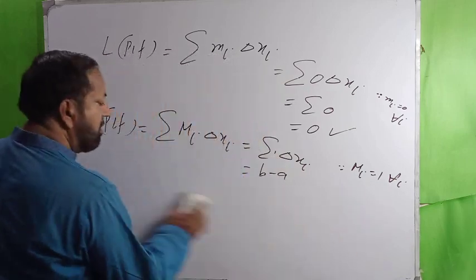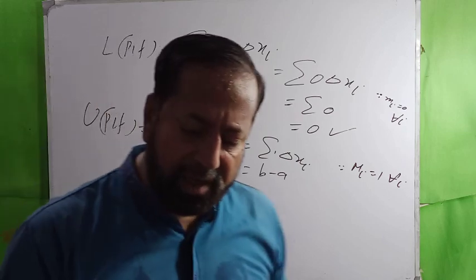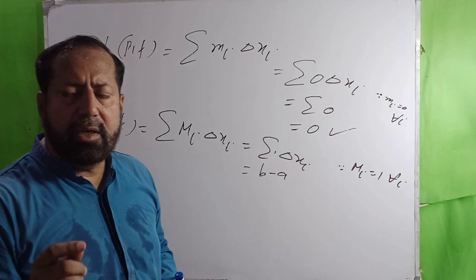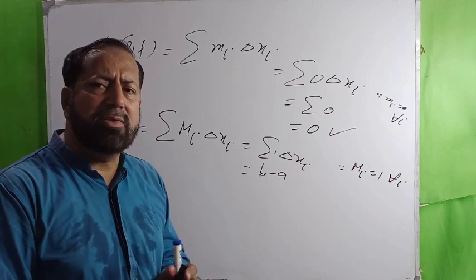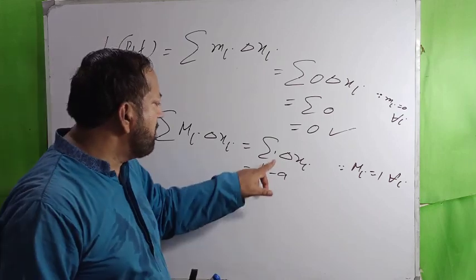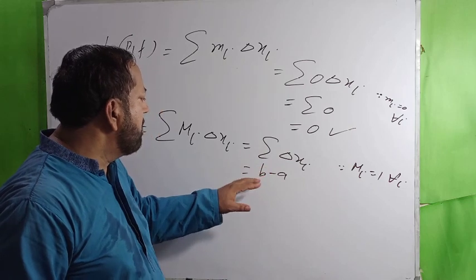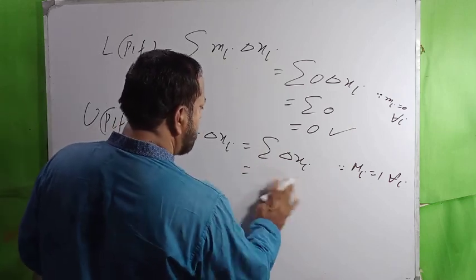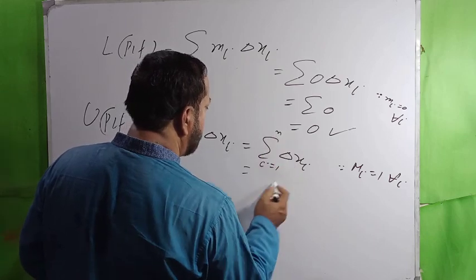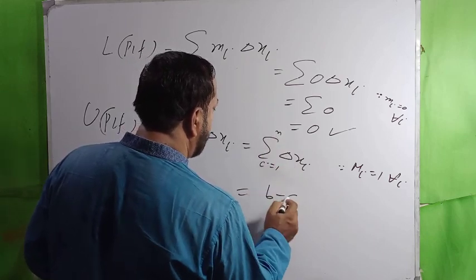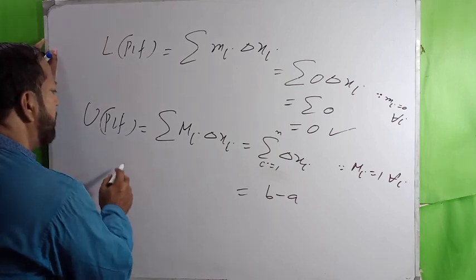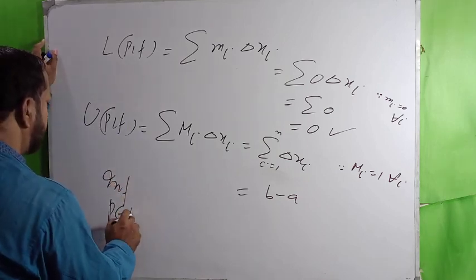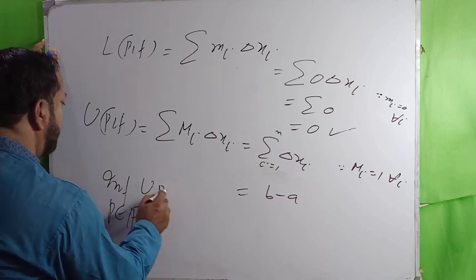If you are not liking the idea of taking some number c, you can write directly, i from 1 to n, this is equal to b minus a, and then take the infimum over P belonging to script P of U(P,f).